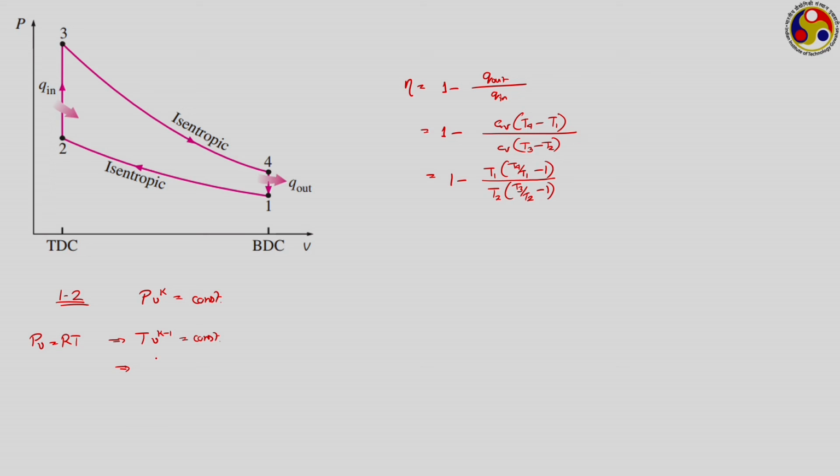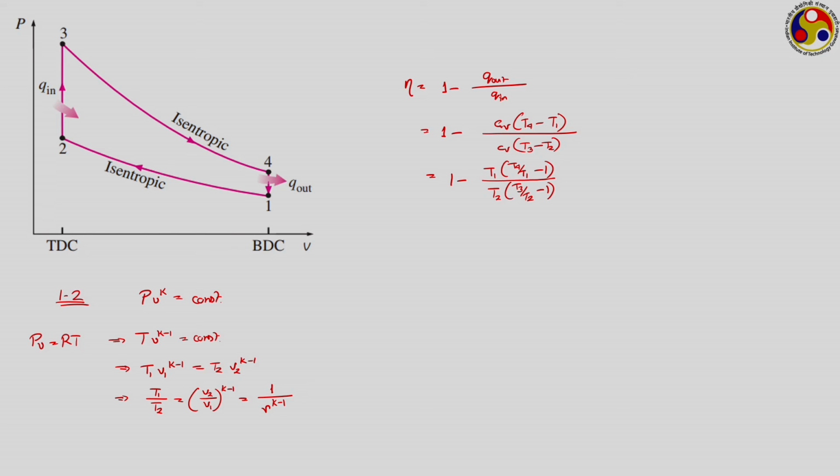We just have to replace P. So, if we put this now, T V to the power k minus 1 equal to constant for process 1 to 2, we can write T1 V1 to the power k minus 1 is equal to T2 into V2 to the power k minus 1, which gives us T1 upon T2 equal to V2 upon V1 to the power k minus 1. As we have seen from the previous slide, V1 upon V2 is equal to r. So, that gives us 1 by r to the power k minus 1.